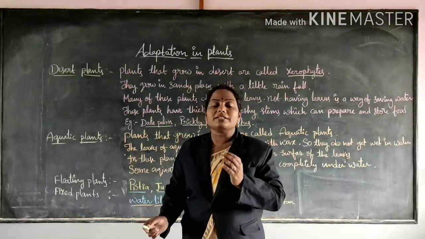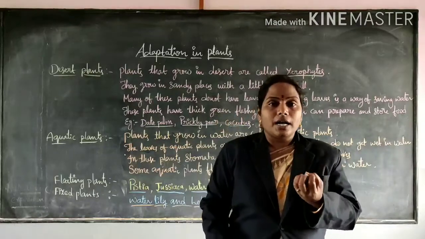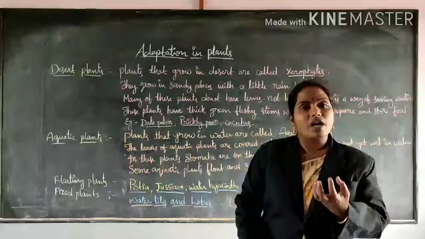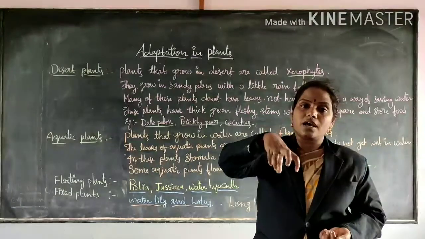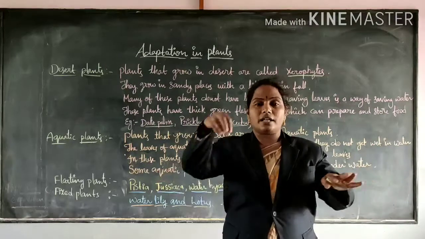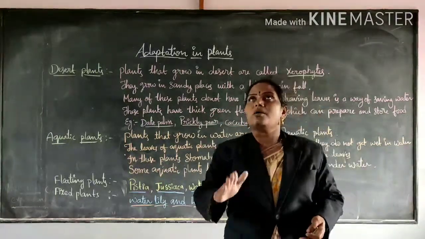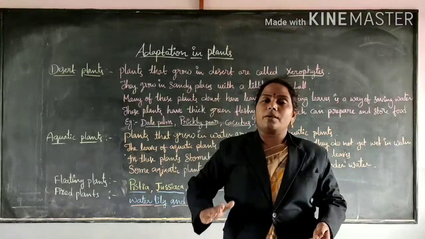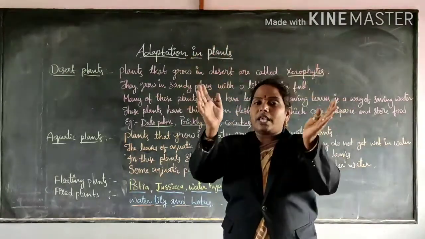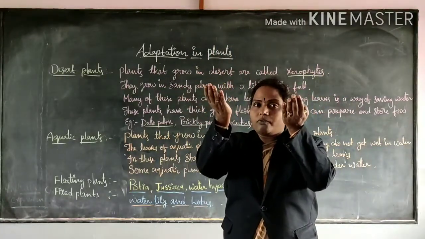Fixed plants means the roots are under the bed of the river or water body. River bed is there, no? Under the river bed the roots are present and the stem comes outside. The stem is under the water and only leaves and flowers we can see floating on the water.